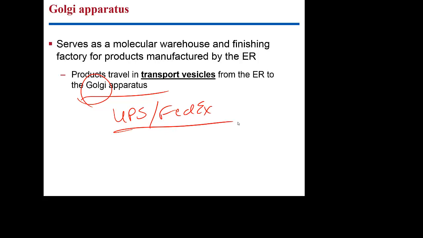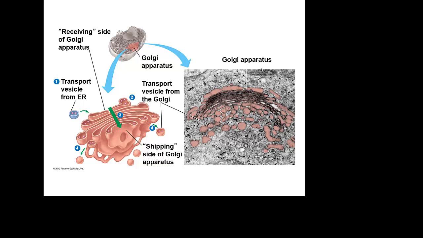Its job is to take those proteins from the rough ER and modify them in some way before they're sent out of the cell to the rest of the body. So when they start picking up proteins from the rough ER, the Golgi picks them up and processes them in some sort of way and packages them so that they will then leave the cell.